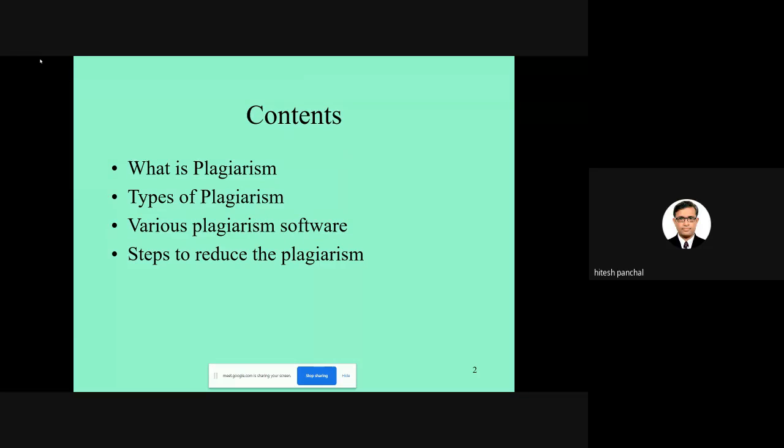There are many types, so I have added 4 to 5 major types. Then various plagiarism softwares: which softwares are paid and which are free of cost, that we will understand. And last, the steps to reduce plagiarism.